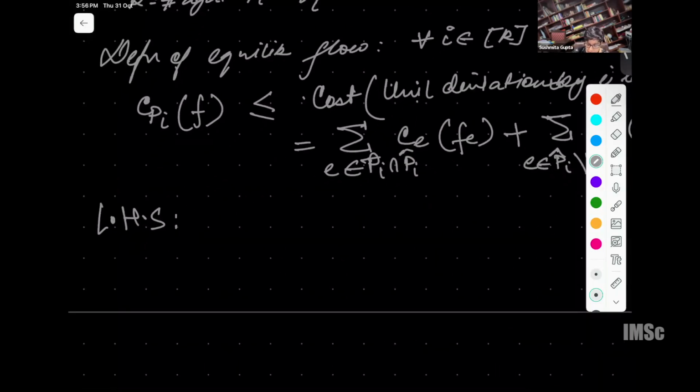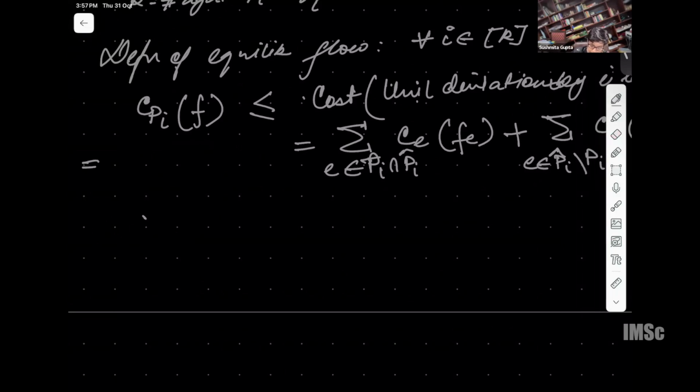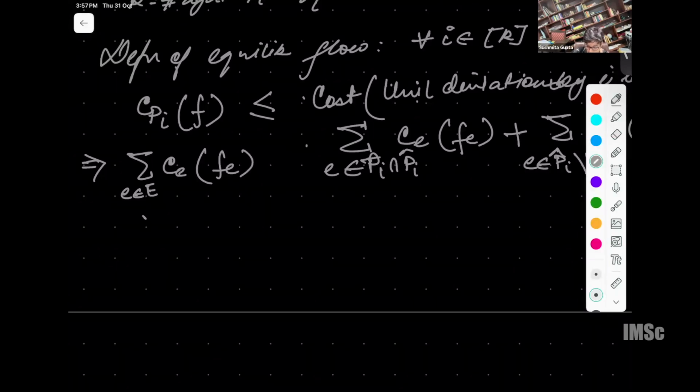This thing is equal to this. This quantity is this. Correct? Okay.